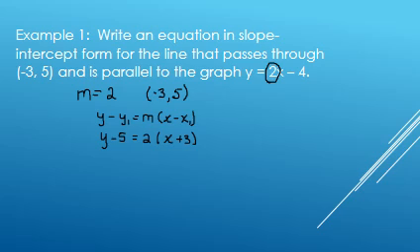After we do that, remember that we need to distribute that 2, so that gives us y minus 5 equals 2x plus 6. And then we add 5 to both sides.